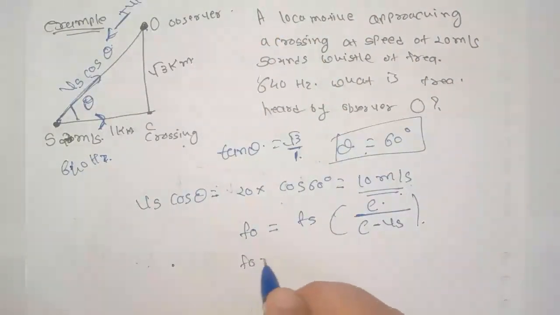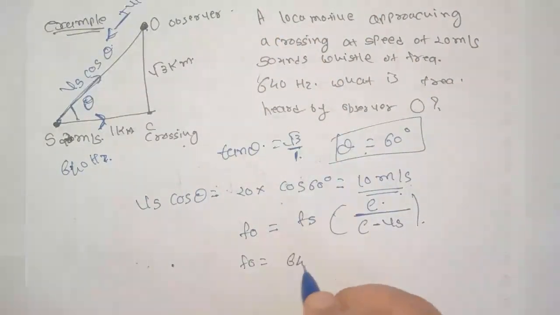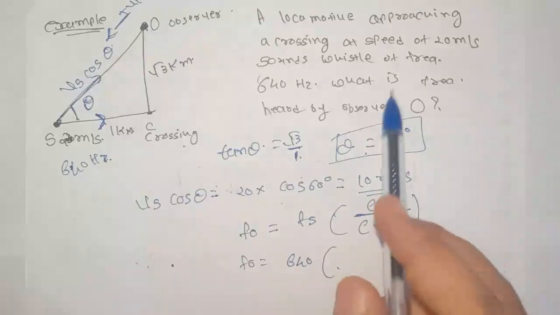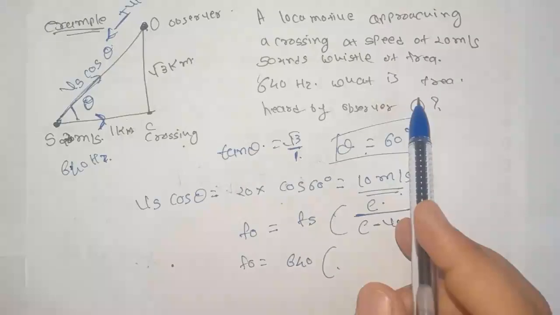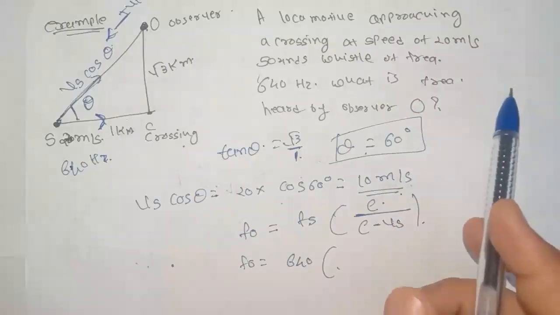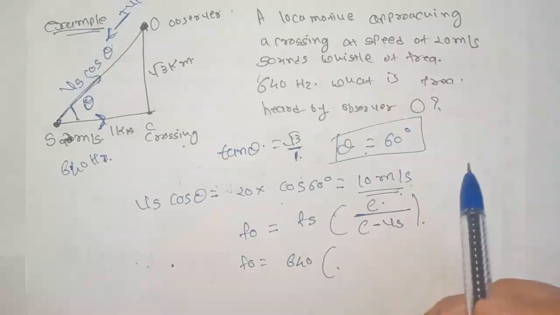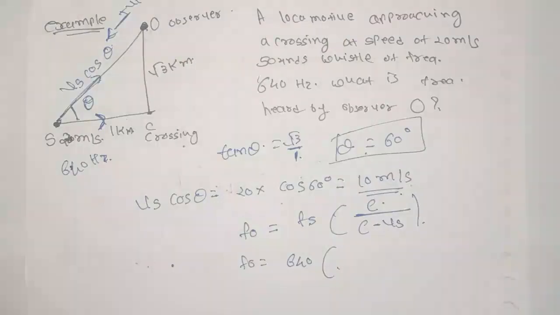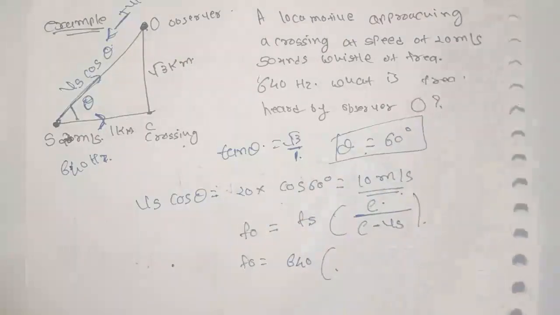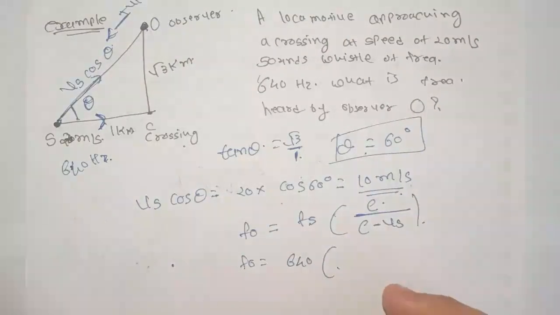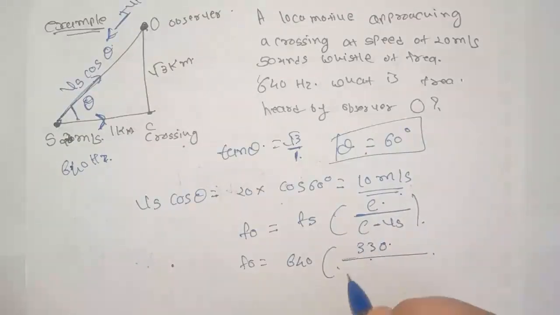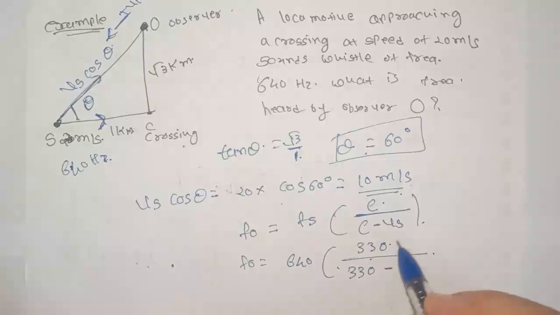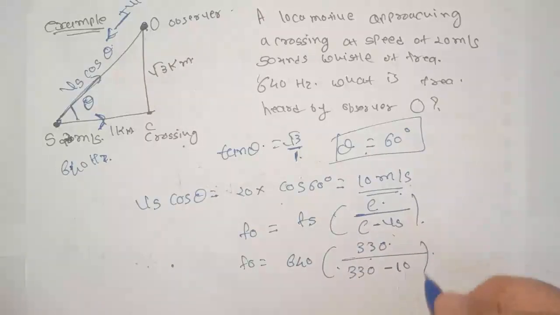So Fo will be, Fs is 640 into, here the speed of sound is not given, so let us take it as 330, divided by 330 minus Vs, that is 10.